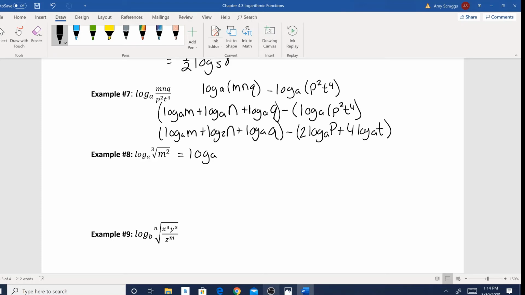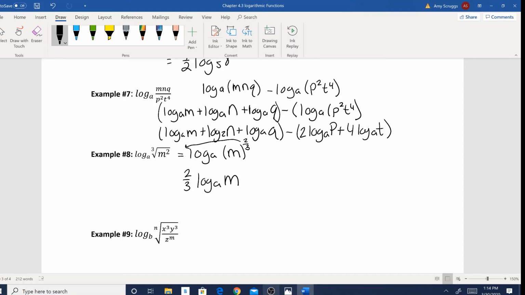It's going to be m to the, and it's always the exponent over the index. So m raised to the 2/3. Okay? Once you have it written as an exponent, then you're going to take the exponent, bring it out in front. So now we have 2/3 log base a of m. And that was it. That one was pretty simple.